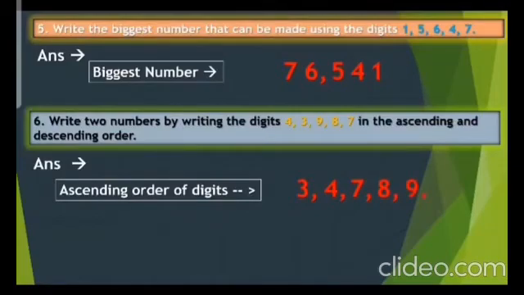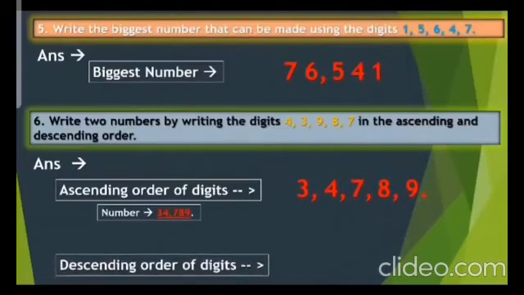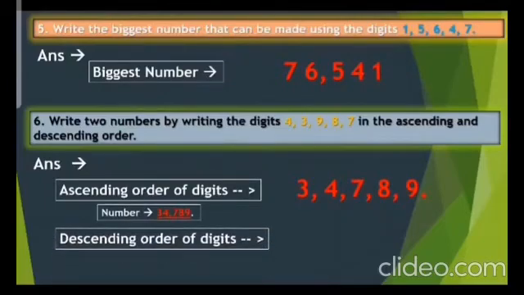And the number will be 34,789. Now let us see descending order of the digits. In the descending order of the digits, you have to start with the biggest number. So which is the biggest number? Correct, 9. Then which number will come? 8. After 8, 7. Very good.